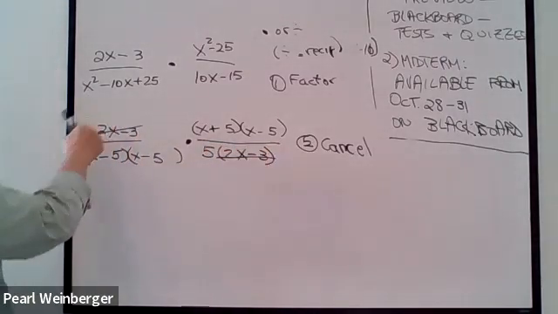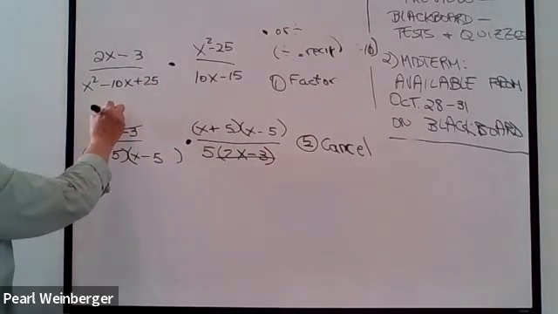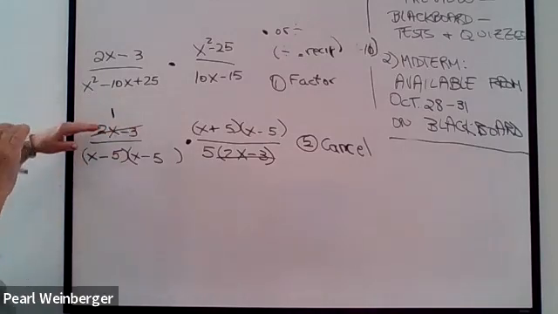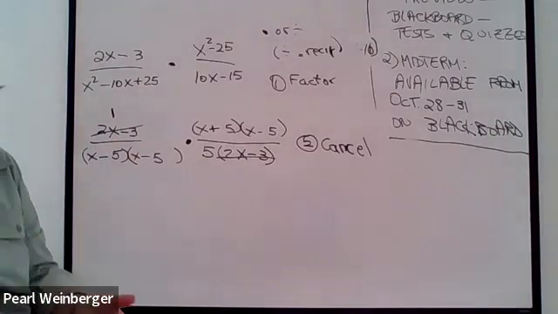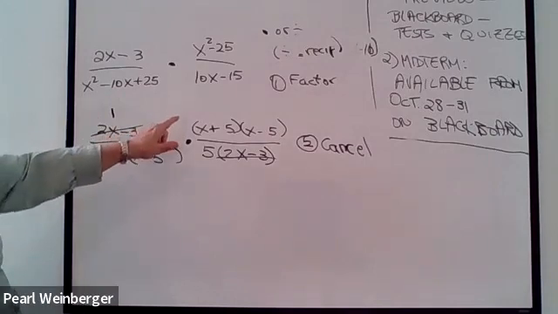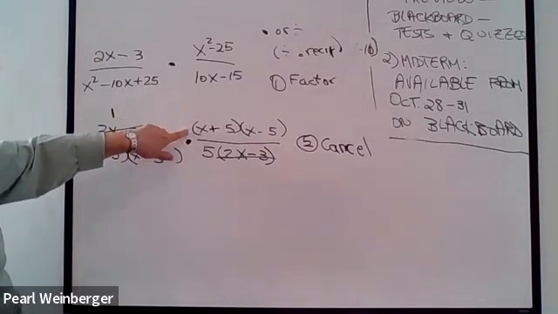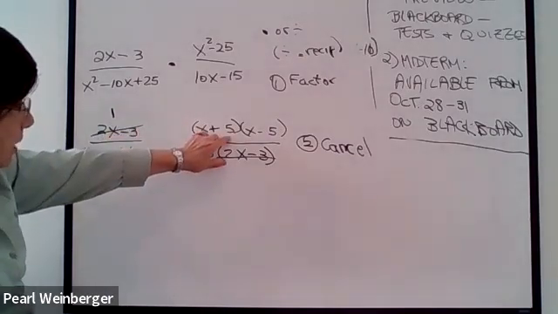Now over here, I can't cancel out everything, so I put a 1 there just to remind myself that I canceled out by division, and what I'm left with is not a 0. I'm not left with nothing. I'm left with a 1. I go then to my next term, the next binomial that I'm looking at, and it's x plus 5.